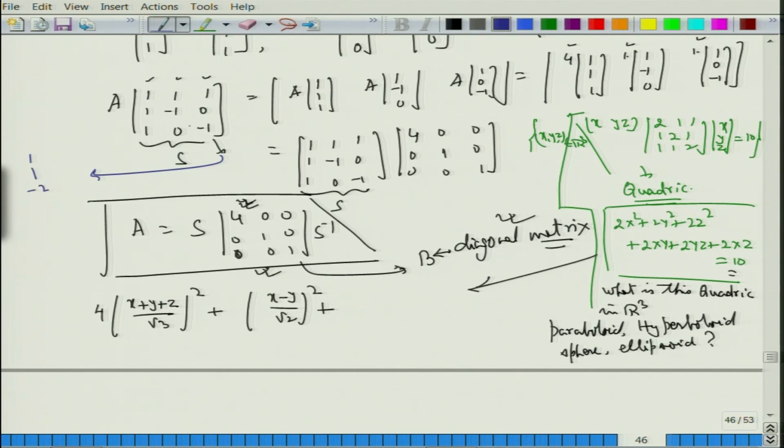So it will be (x plus y minus 2z upon root 6) whole squared.